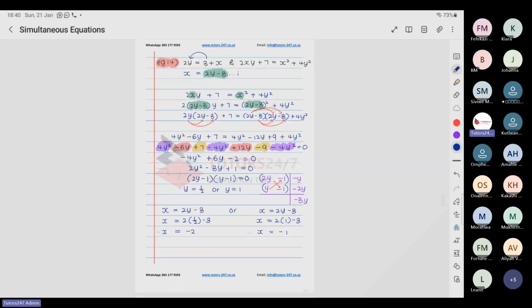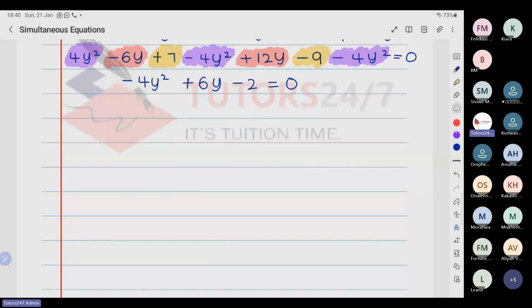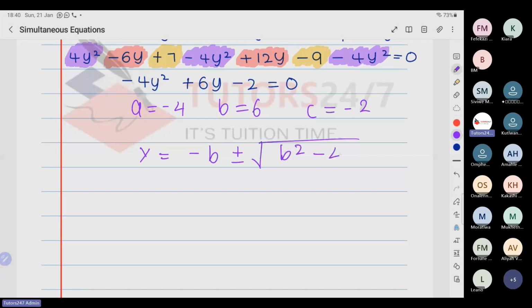Okay, so where I took out a common factor, you could have just left it as is. You could have just said that a is equal to -4, b is equal to 6 and c is equal to -2, and used your quadratic formula, and you would have ended up with the exact same answer.